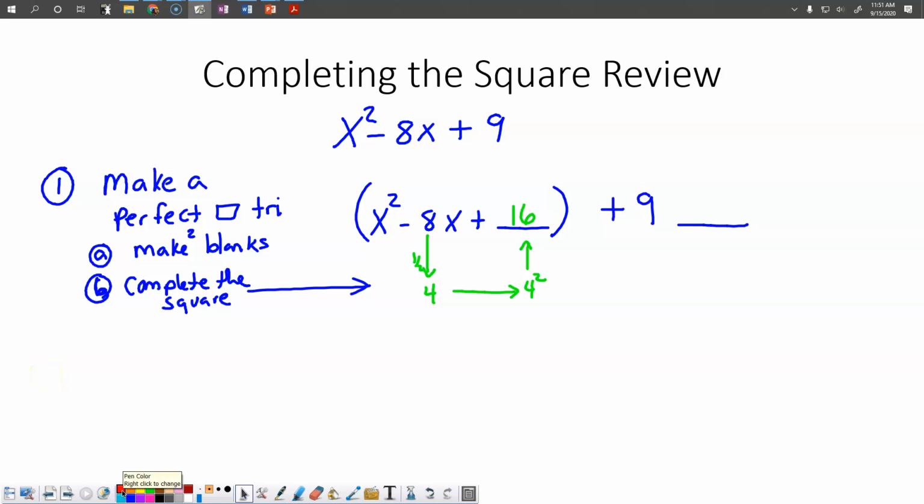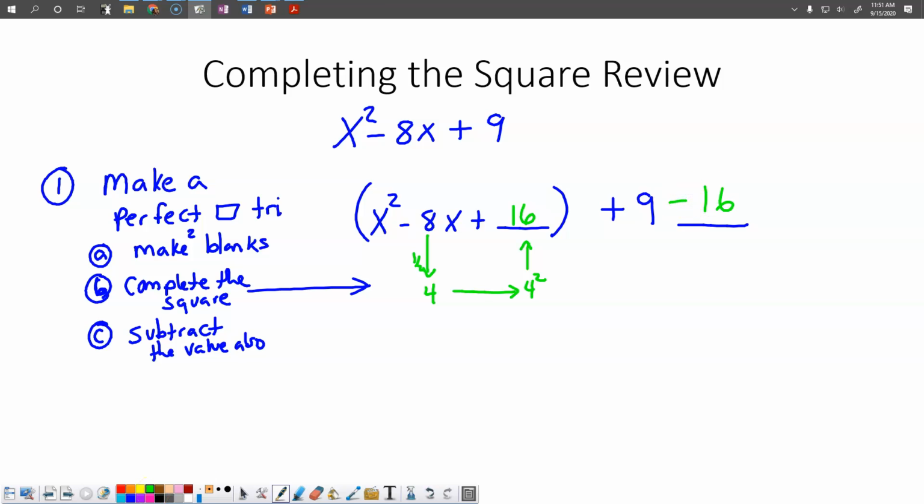All right. Next thing is we want to subtract the value also. So let me show you what I mean by that. So after you complete the square and add a new number in, you're going to put that number over here also, but with a minus.